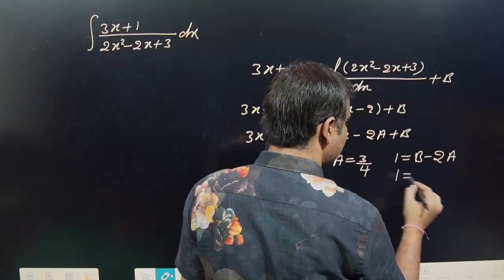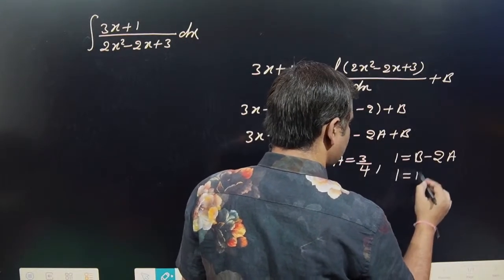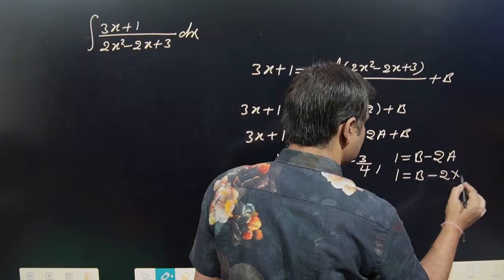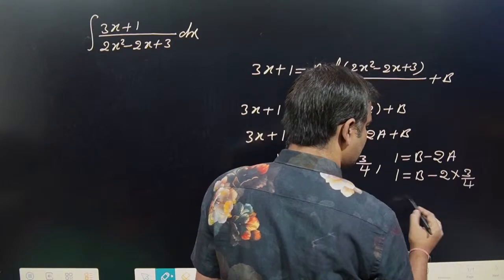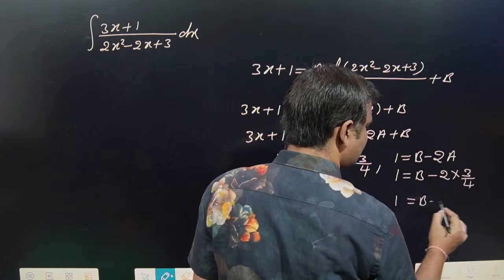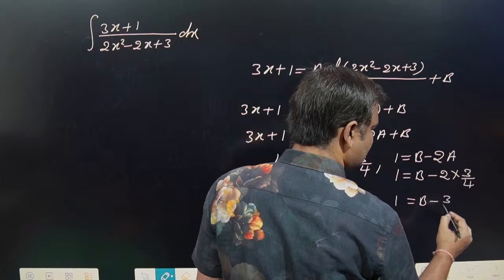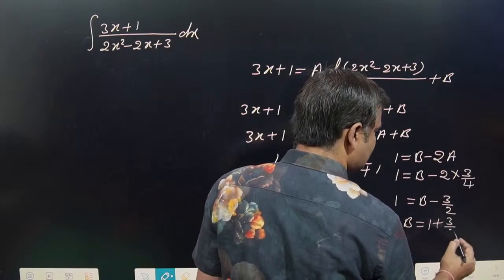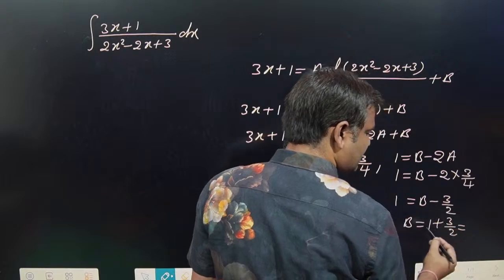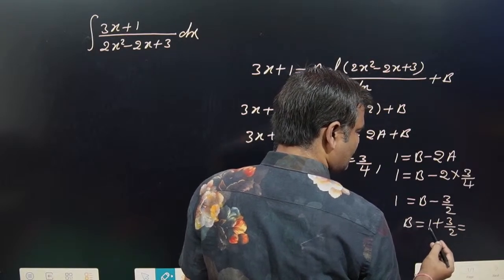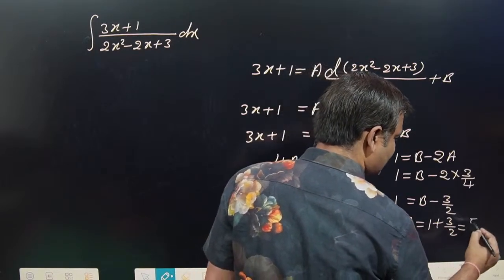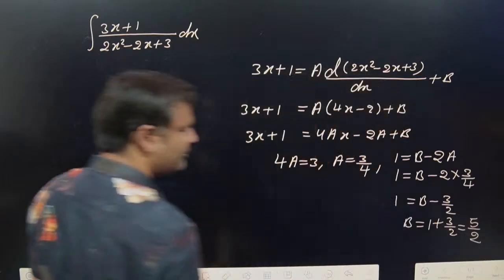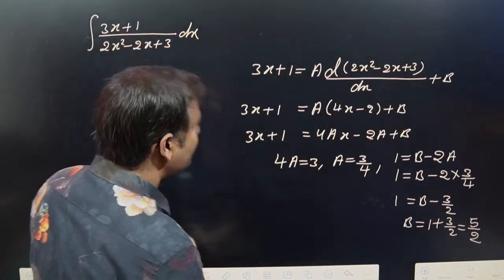So 1 is equal to B minus 3 by 2, so B is equal to 1 plus 3 by 2, that is 2 plus 3, which is 5 by 2. So B is basically 5 by 2 and A is 3 by 4.